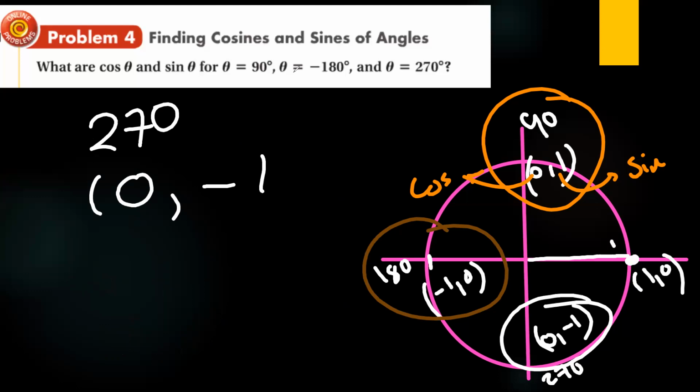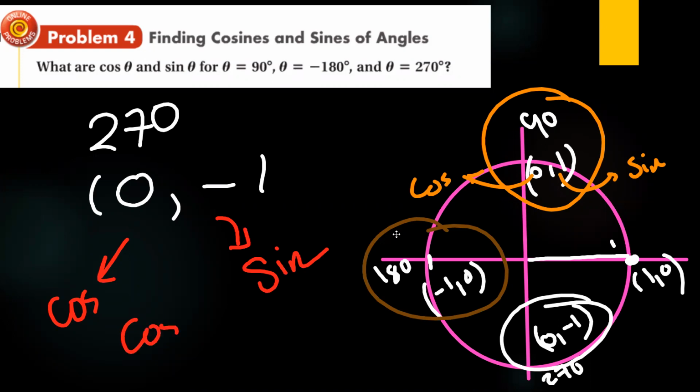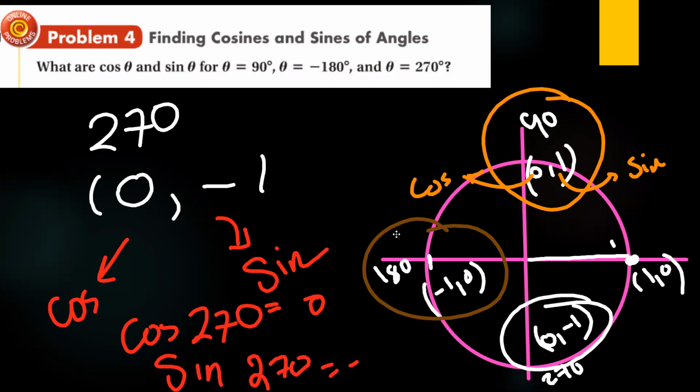Is this sine or cosine? Cosine. And here, sine. So what is the cosine of 270? 0. And the sine? Negative 1.